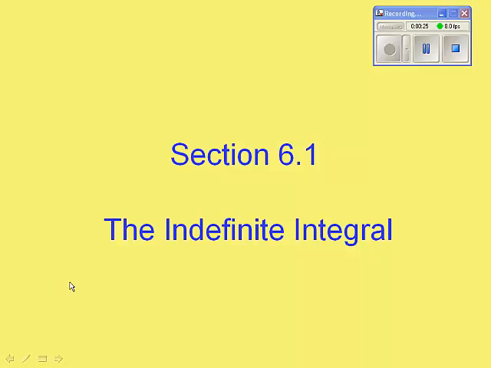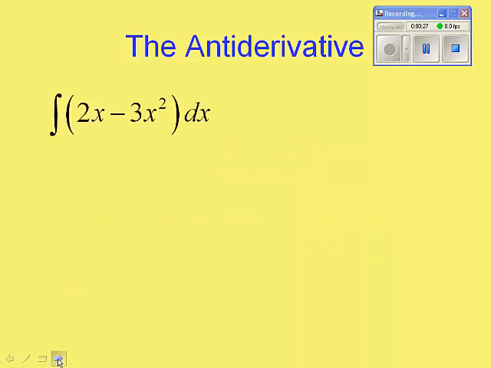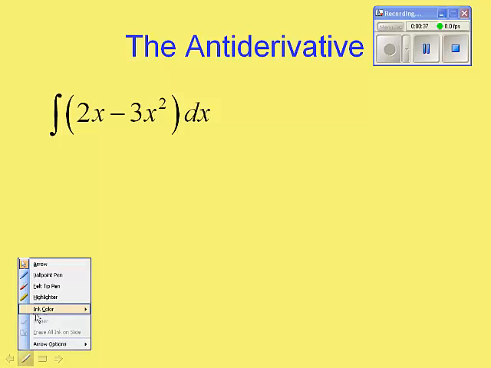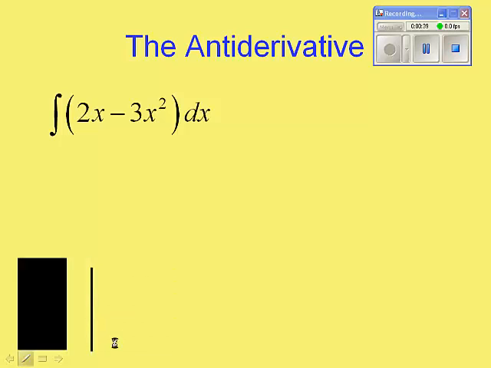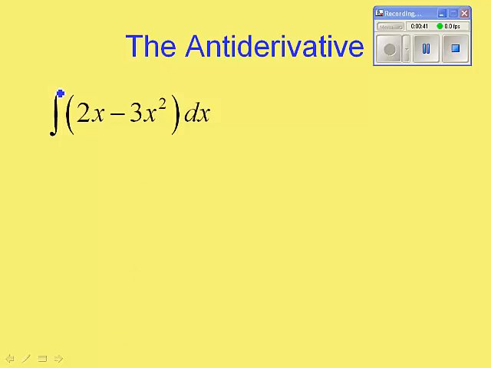All right, so the indefinite integral. What is this all about? It's about what we call the antiderivative, which means going backwards. Okay? So this symbol here is called the integral.